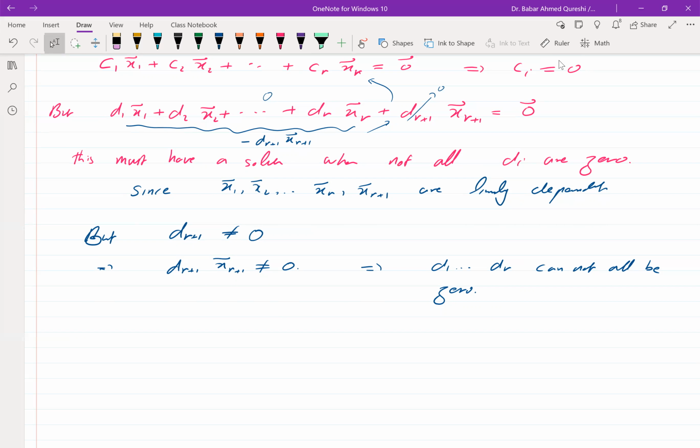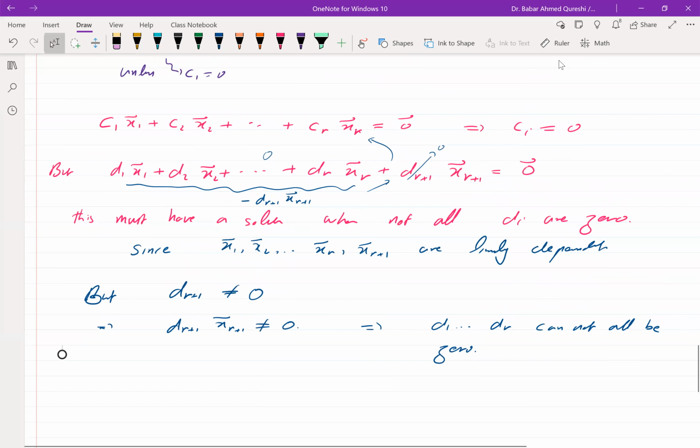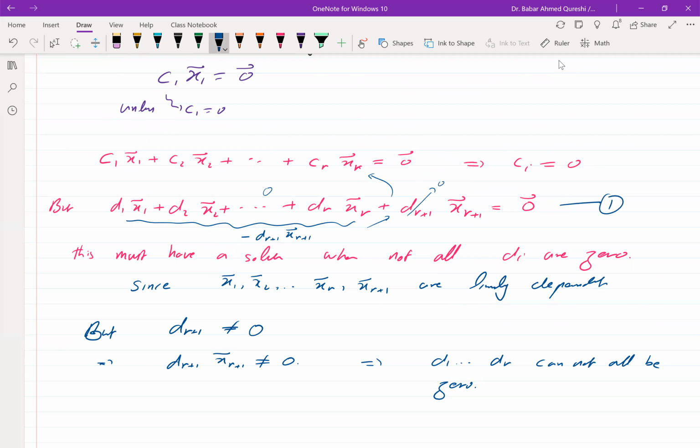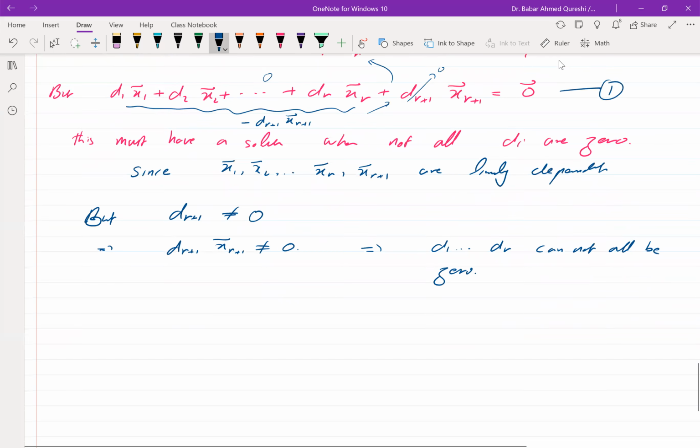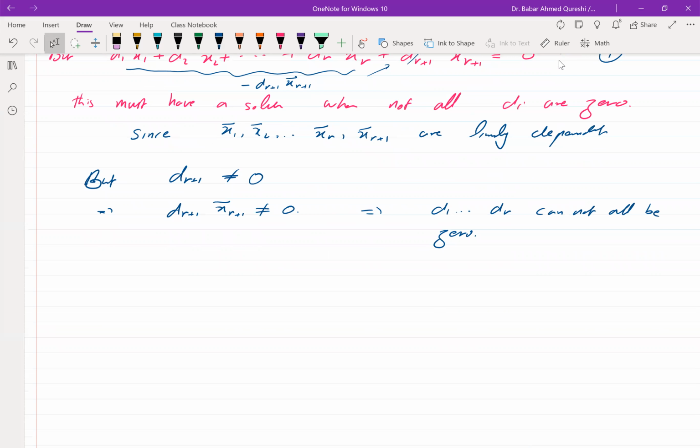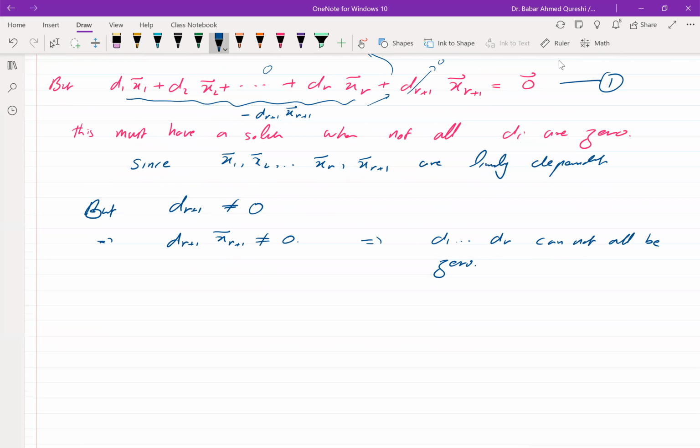So then I take this equation, call it 1, and I multiply it by the matrix A. By matrix A. So I get these d1s come out.